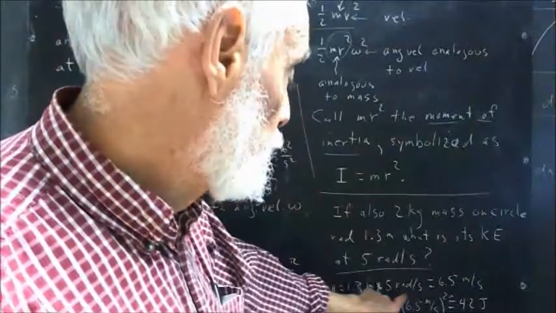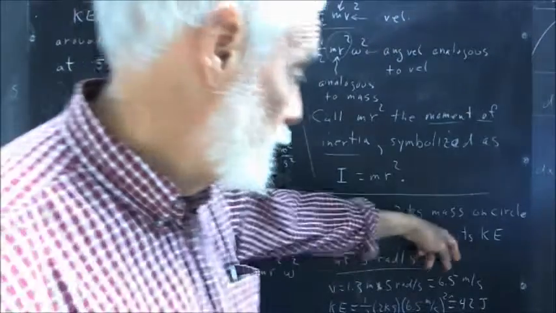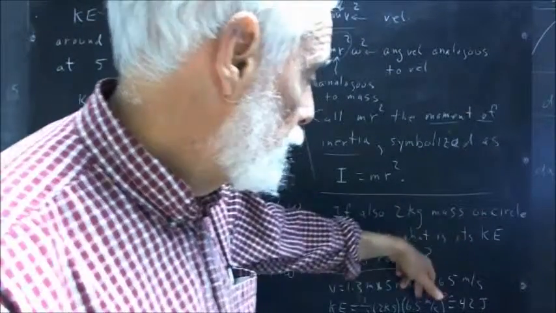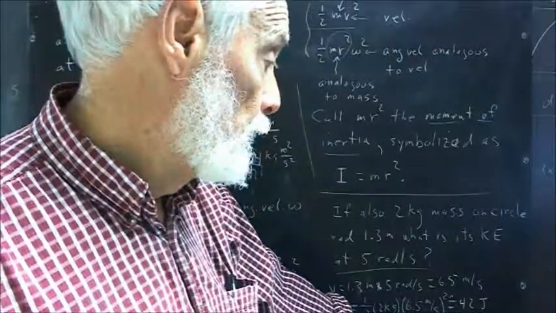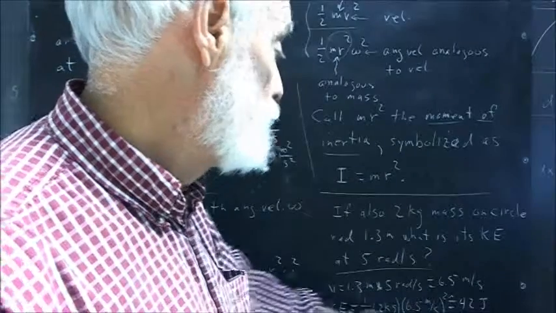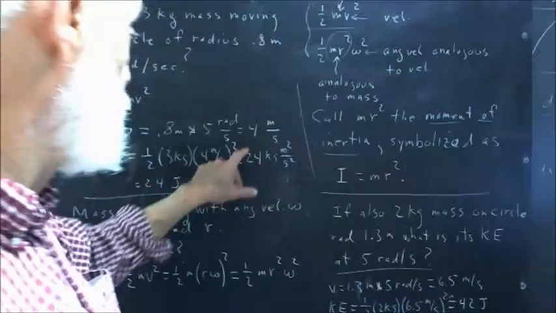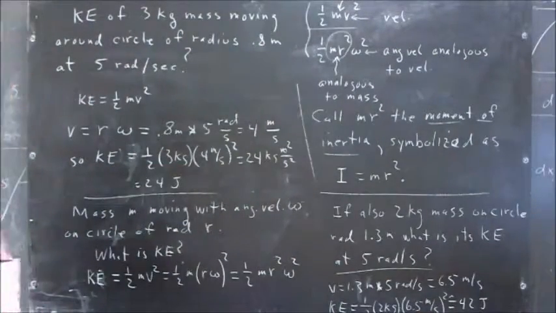Here we have 1.3 meters times the same 5 radians per second, giving us 6.5 meters per second, and that velocity is going to be squared. So squaring 4 meters per second, squaring 6.5 meters per second, even though we have a lesser mass, the square of this exceeds the square of this by quite a bit, so that we get almost a doubling of the kinetic energy.